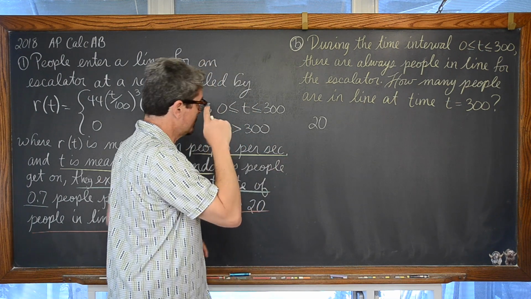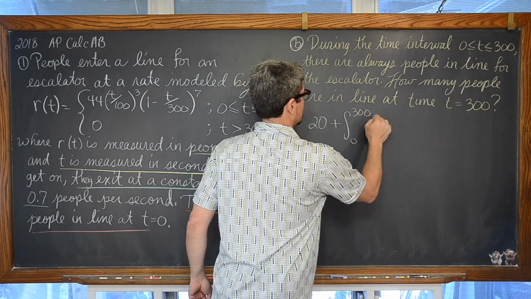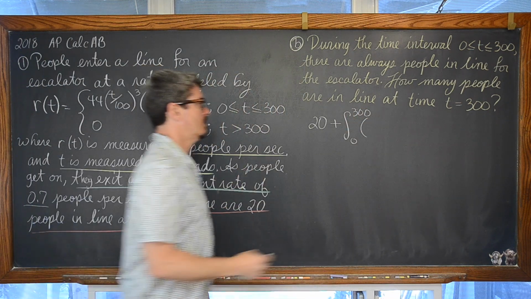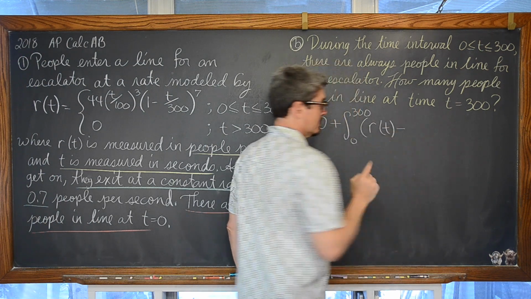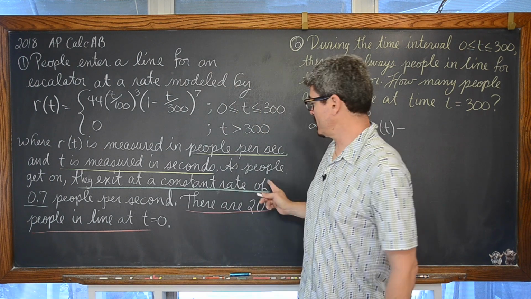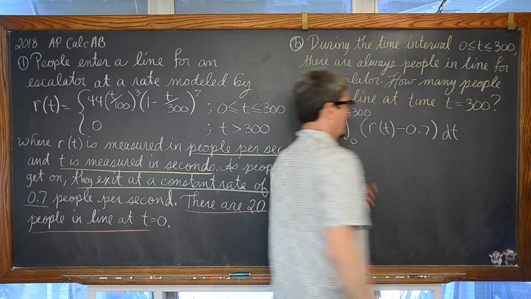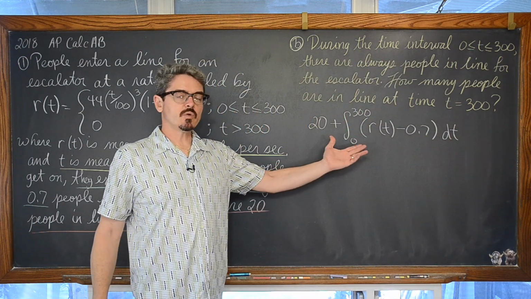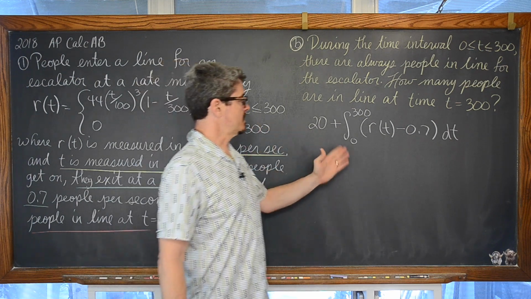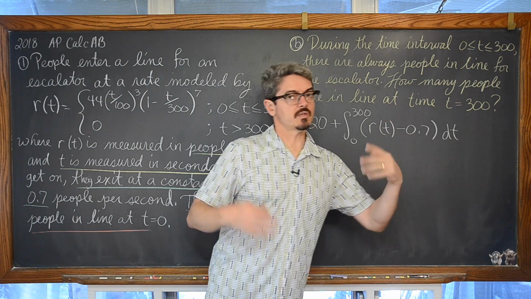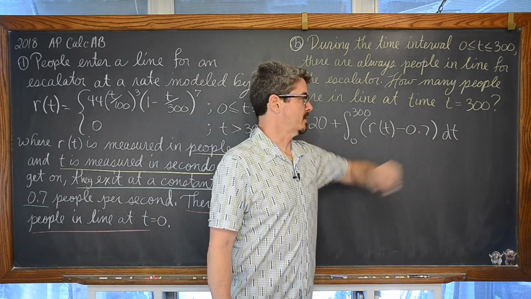And then from there, you're going to add from 0 to 300 the combined rates of these people getting on, and then minus the rate at which they're getting off, the 0.7 people per second. And this is now showing the understanding that you're starting with 20, and that it is an integration of two rates of change to get an amount of change, an integration for a rate of people getting on and a rate at which they're getting off.